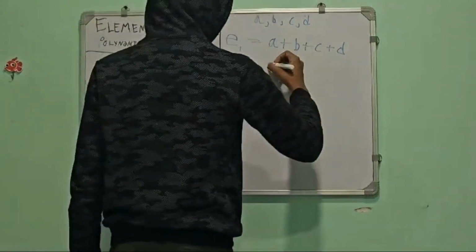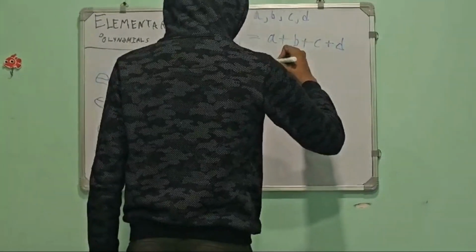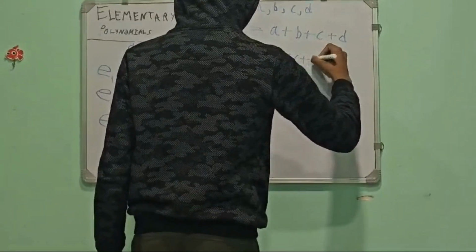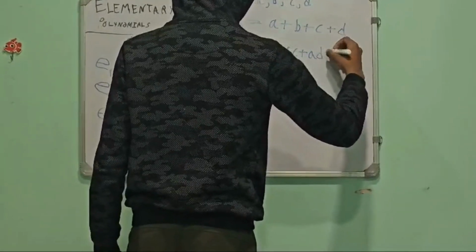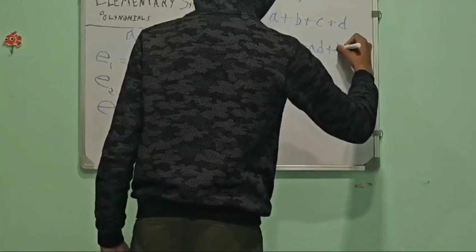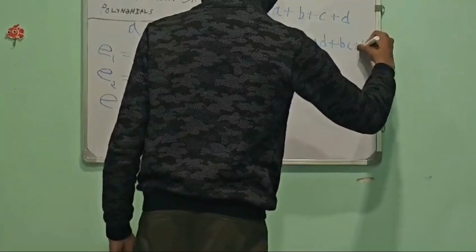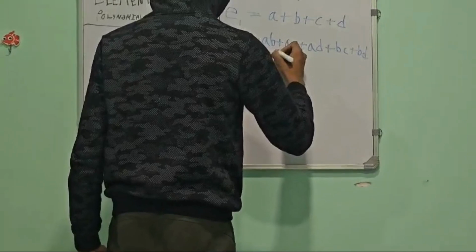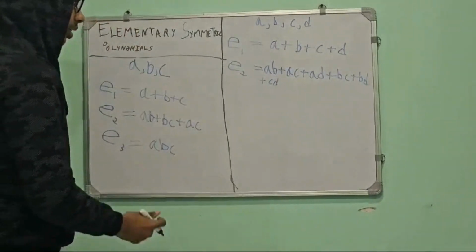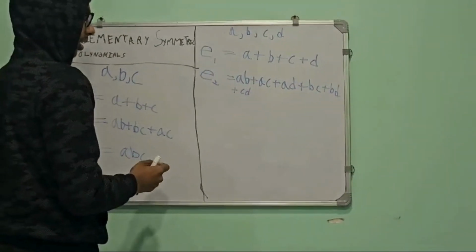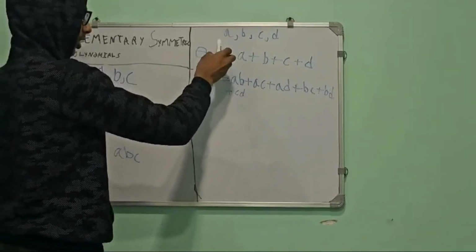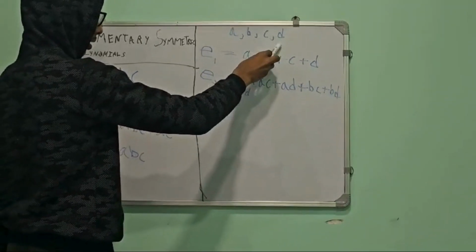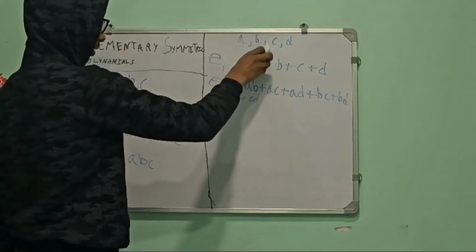So we'll have to sum all of those together. Elementary symmetric polynomial 3 is going to be the sum of triplets, which is going to be abc plus abd plus acd plus bcd.